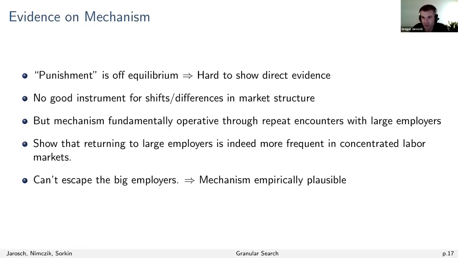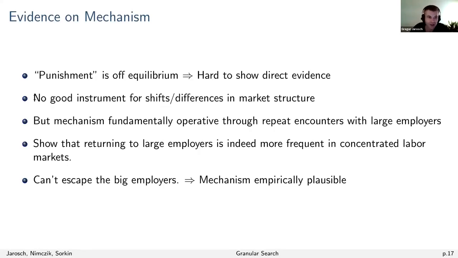We have some anecdotal material in the paper. But on a high level, this punishment micro foundation really just plays out off equilibrium. So it's hard to show direct evidence, because on the equilibrium path these blacklists are always empty.